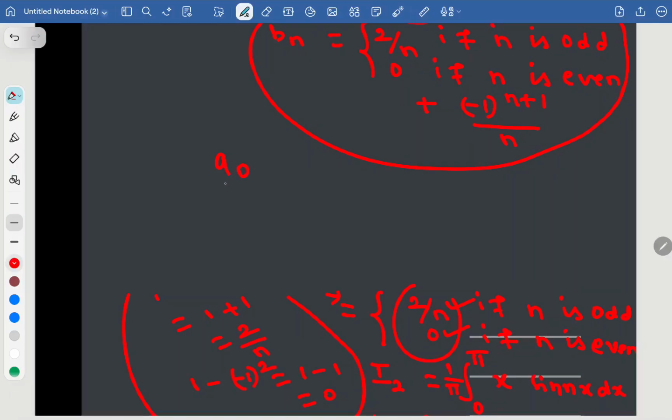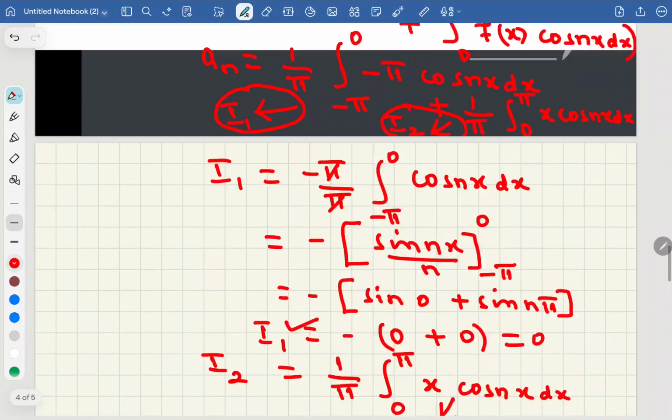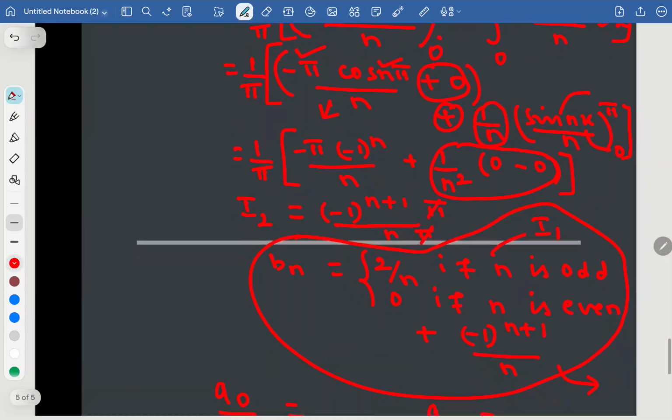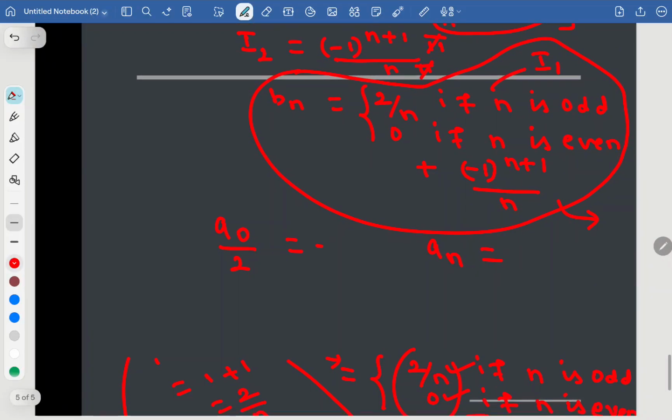What is a naught by 2? What is an? We have now found out bn. This is bn. We found initially a naught by 2 is minus pi by 4.